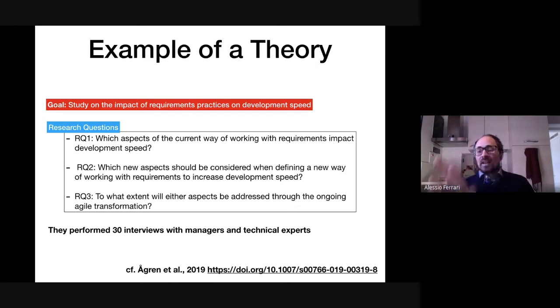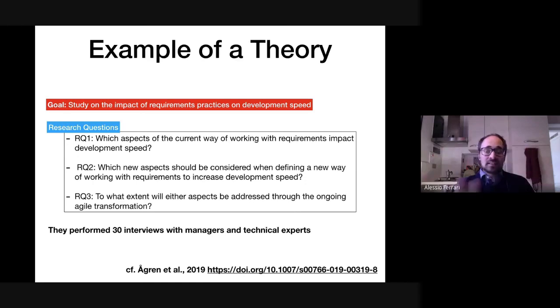This was the idea of these companies. They were automotive companies wanting to introduce agile principles, like fast prototyping and more modern techniques than the so-called V-cycle, another, slower type of process that is strongly focused on requirements. They performed 30 interviews with managers and technical experts from the company.